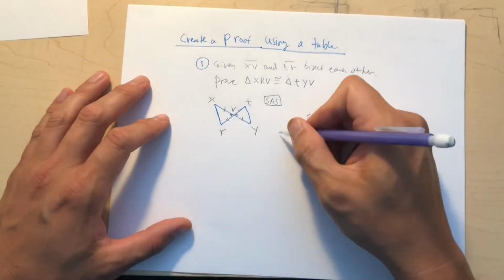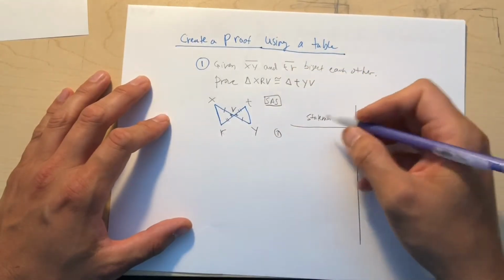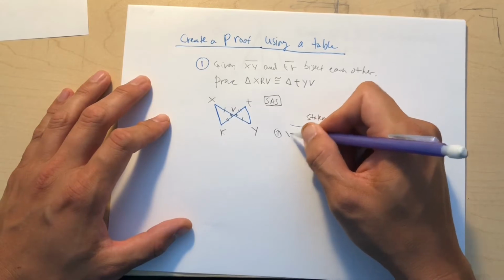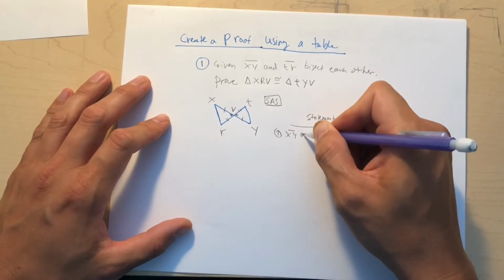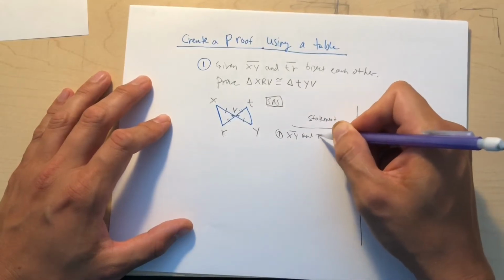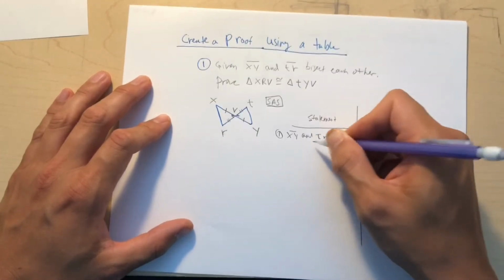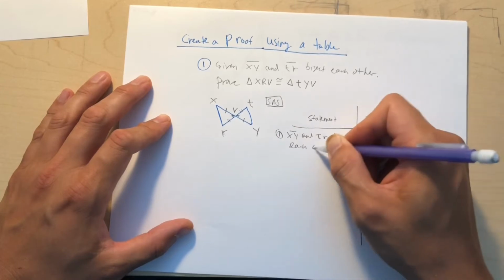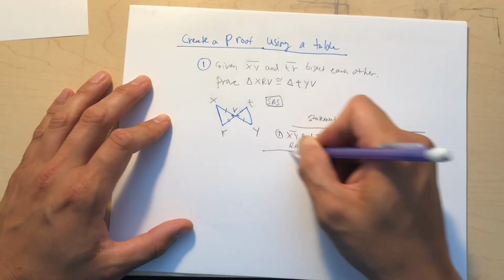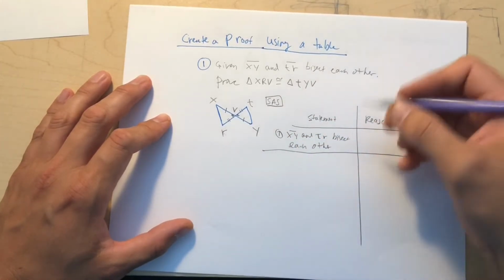All right. So number one, let's write down the given. XY and TR bisect each other. All right, and that's given.